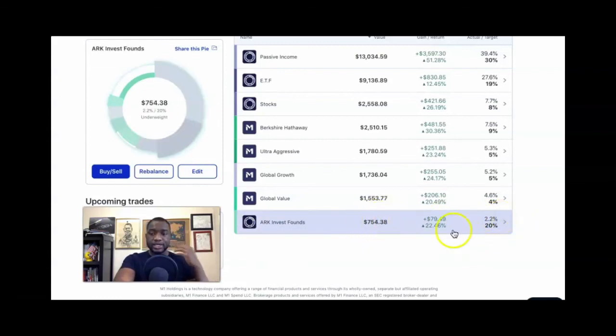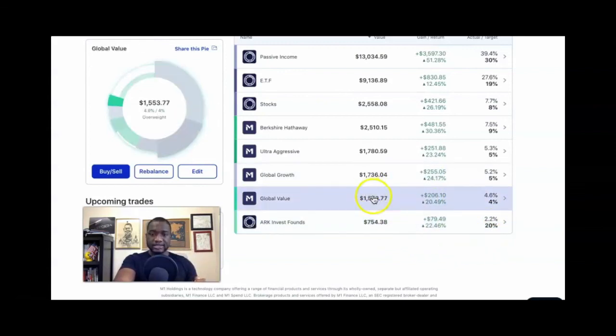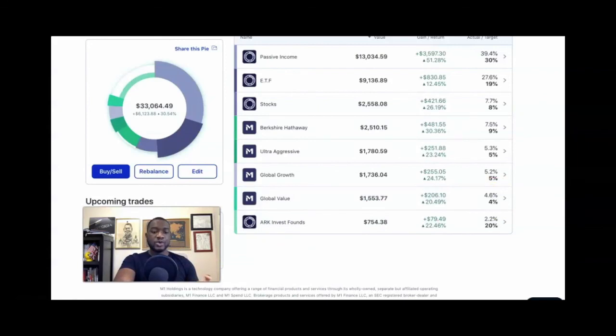So this amount is 2% of what I'm supposed to have in there. Same here, this amount is 4.6% of what I'm supposed to have in there. So I hope you get what I'm saying.